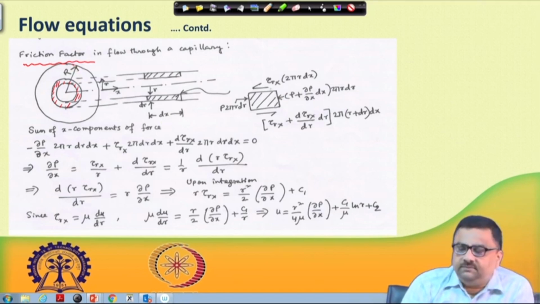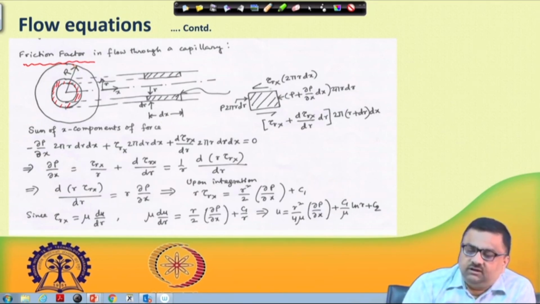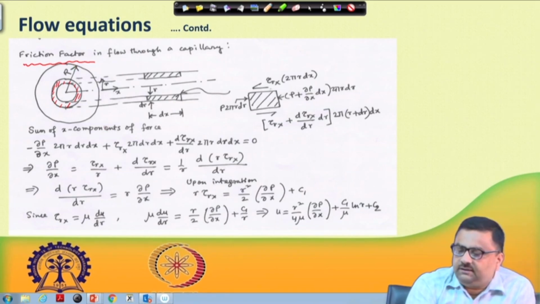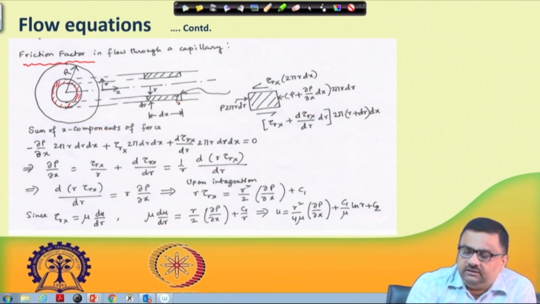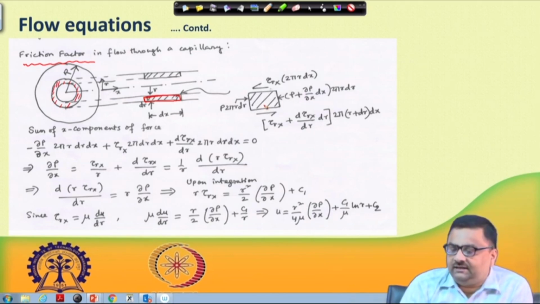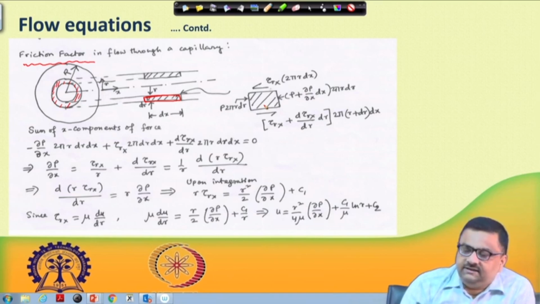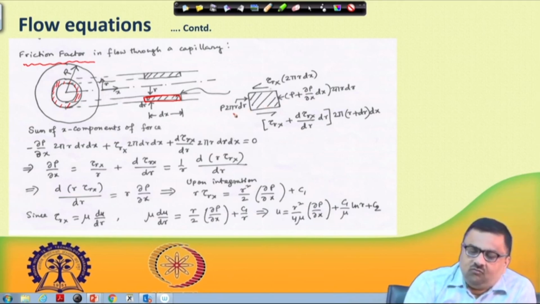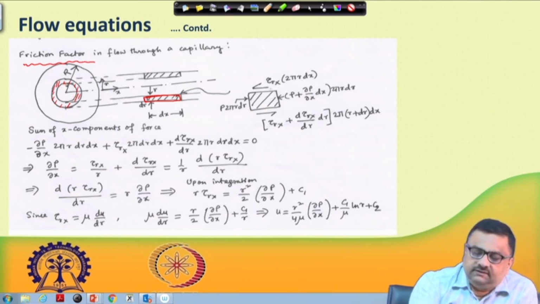radius of this capillary. Now if we look at the forces that are acting on this particular differential element, we can see what the area of this annulus is.